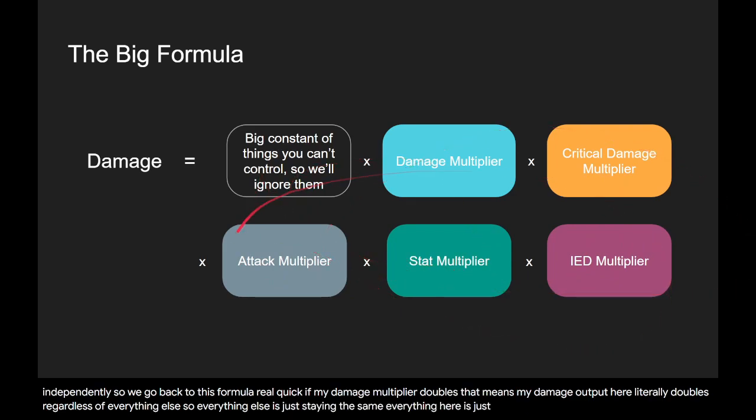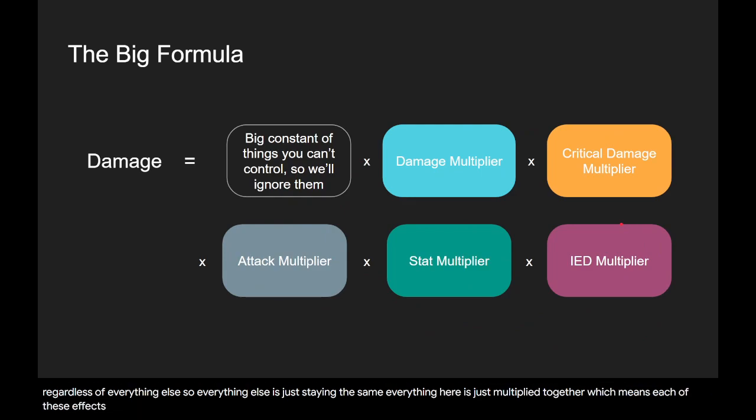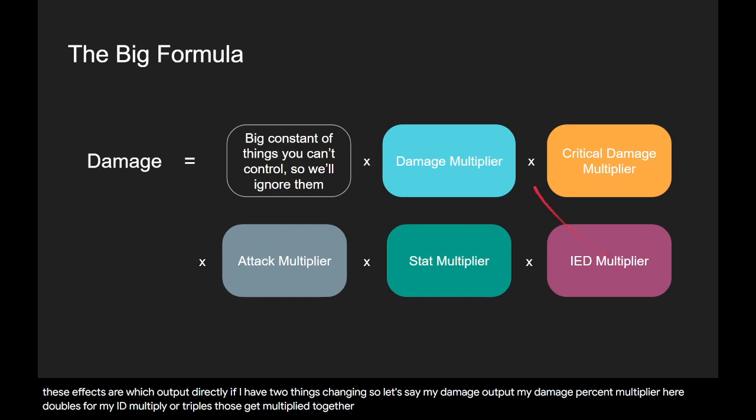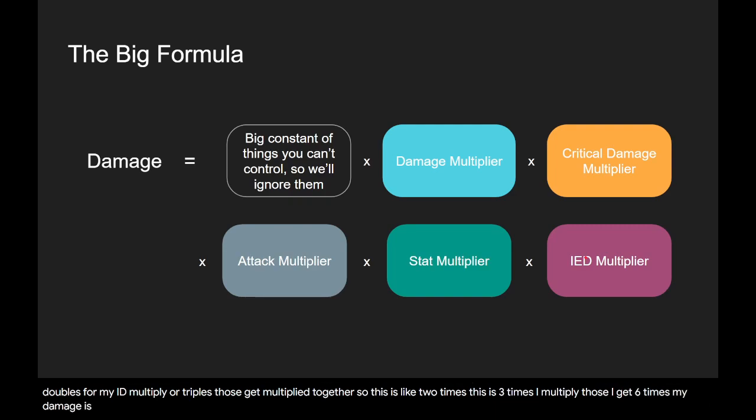Everything here is just multiplied together, which means each of these affects your damage output directly. If I have two things changing, so let's say my damage percent multiplier here doubles, but my IED multiplier triples, those get multiplied together. So this is 2 times, this is 3 times. I multiply those, I get 6 times. My damage is literally 6 times what it used to be.